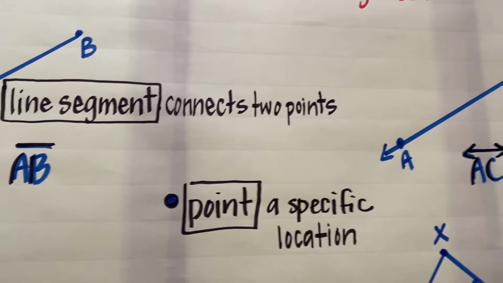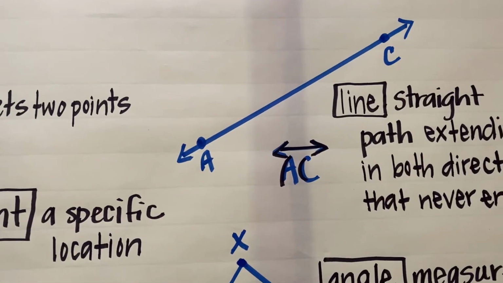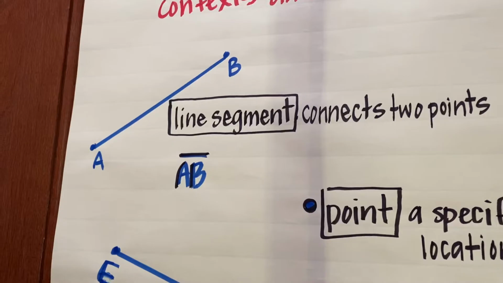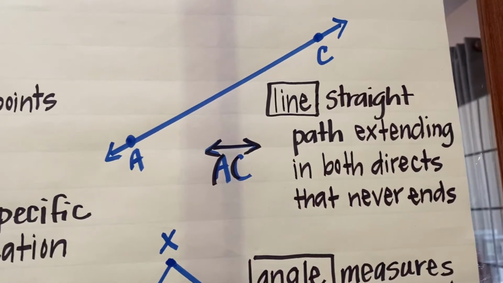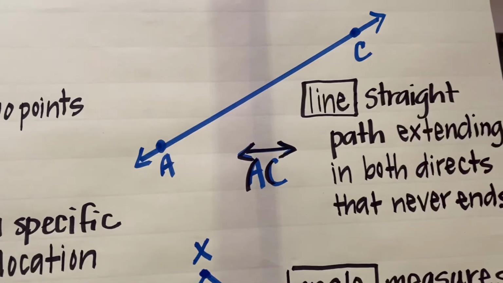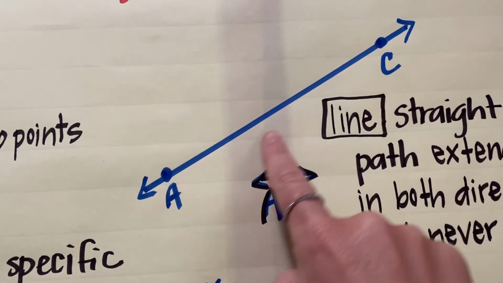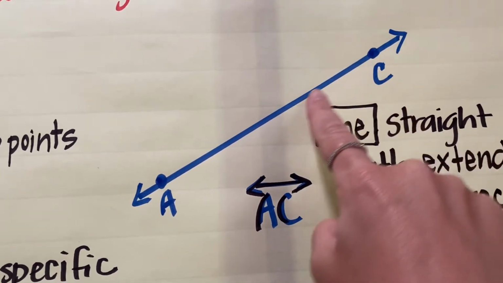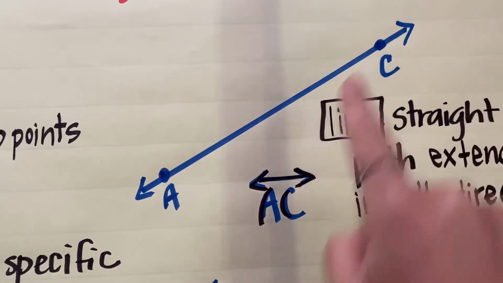Next, you're going to see the difference between a line segment versus a line. A line is a straight path extending in both directions. You notice on this particular model that A and C are our points, but the line extends all the way through with arrows on either side.